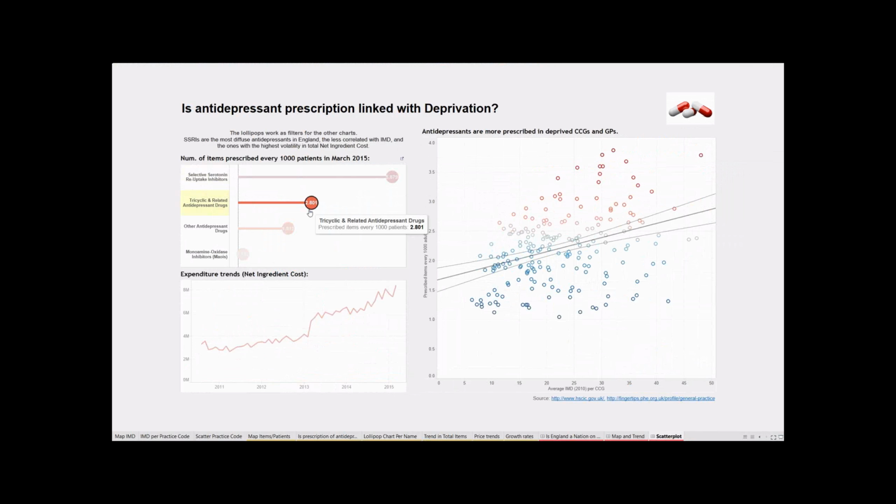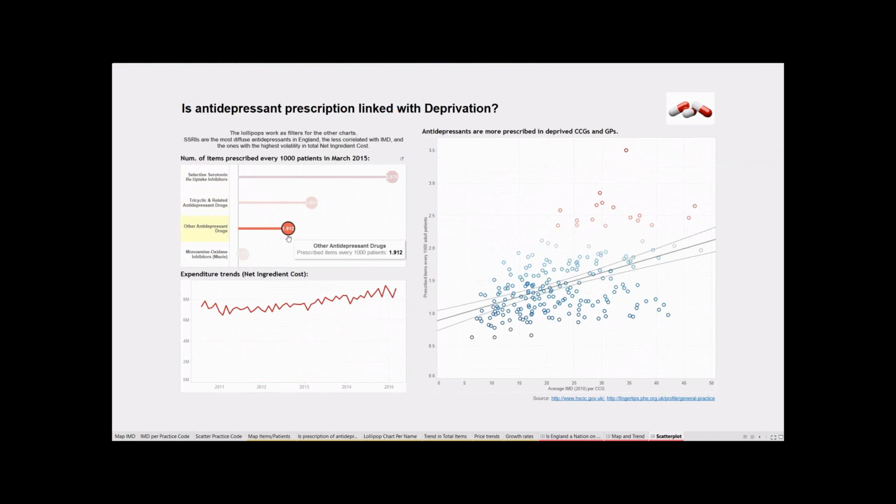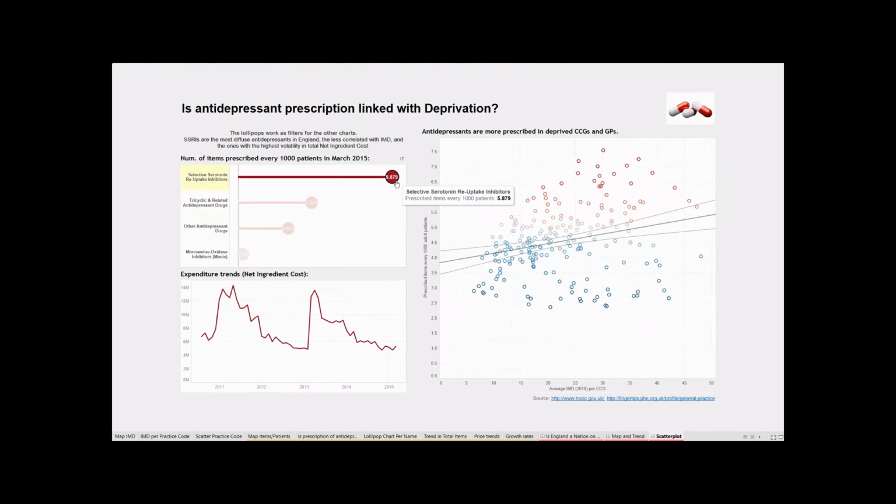The only one in which the correlation seems to be smoother is the first, selective serotonin reuptake inhibitors, which are the most common antidepressants used in the United Kingdom. For instance, Prozac is inside this category.